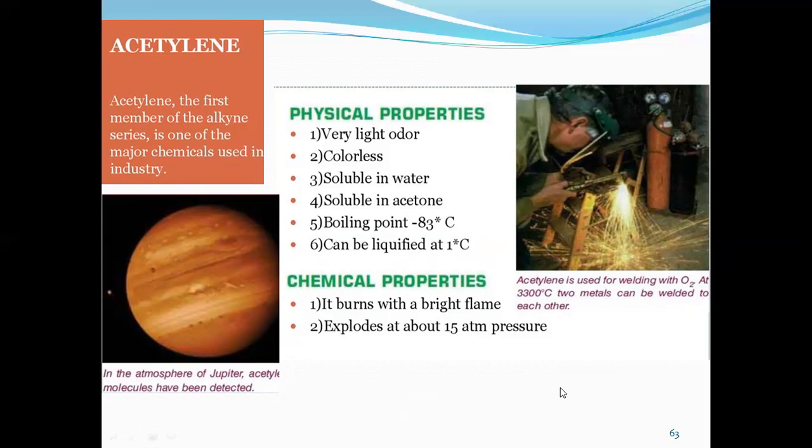Acetylene has several physical and chemical properties. Among the physical properties, acetylene has a very light odor. It is colorless, soluble in water, soluble in acetone. It has a boiling point of 83 degrees centigrade and can be liquefied at 1 degree centigrade.